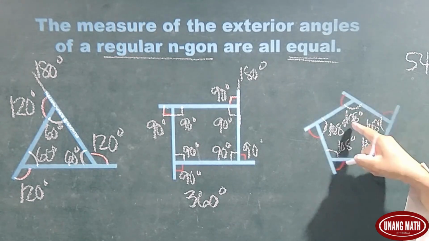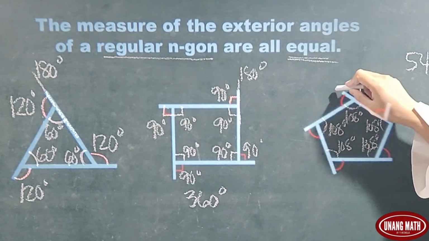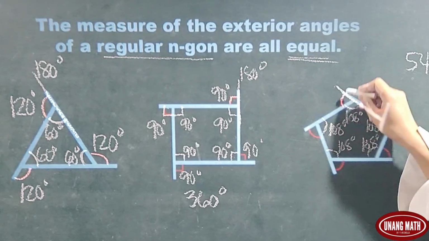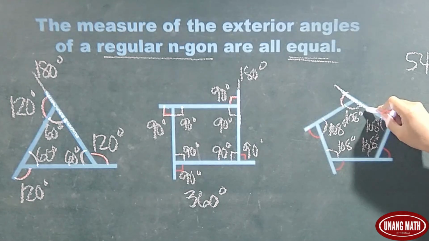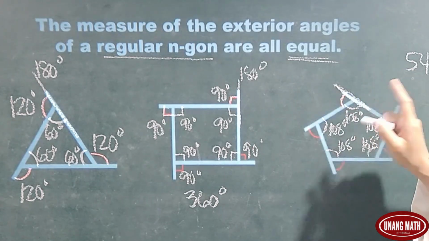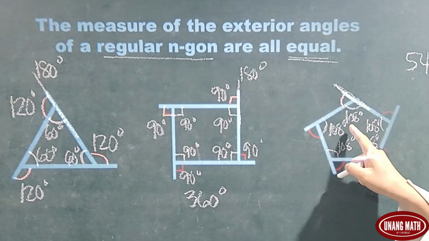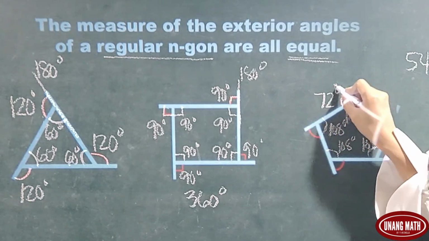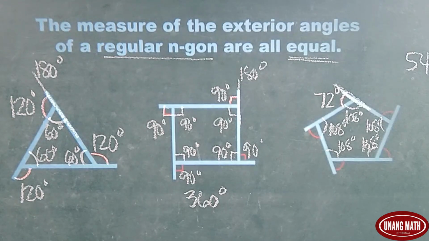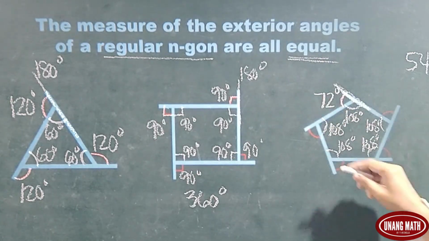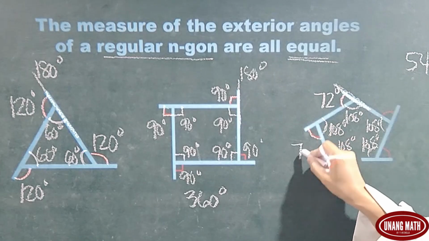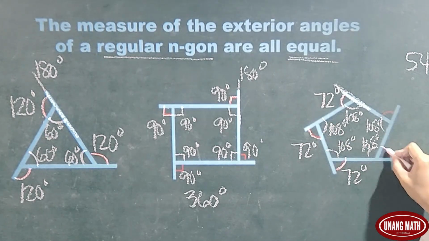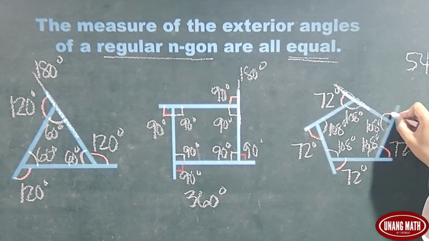If the interior angle is 108 degrees, what about the exterior angle? This is a straight angle. So 180 degrees minus 108 degrees, then the exterior angle measures 72 degrees. This is a regular pentagon, so each exterior angle measures 72 degrees.